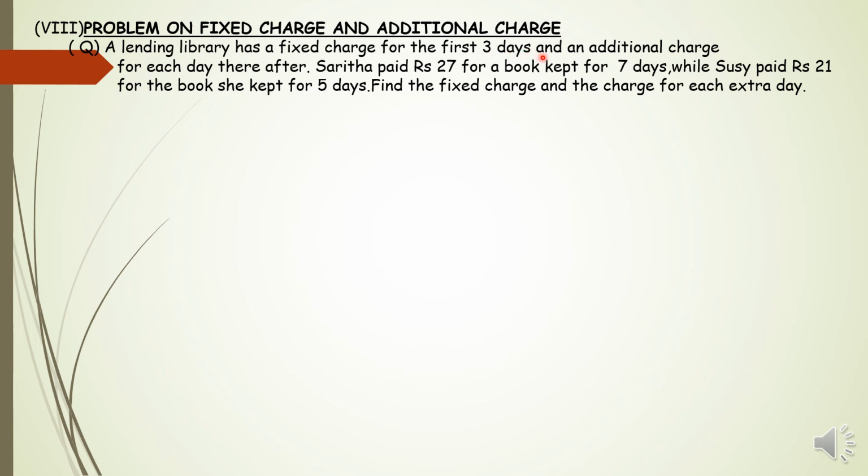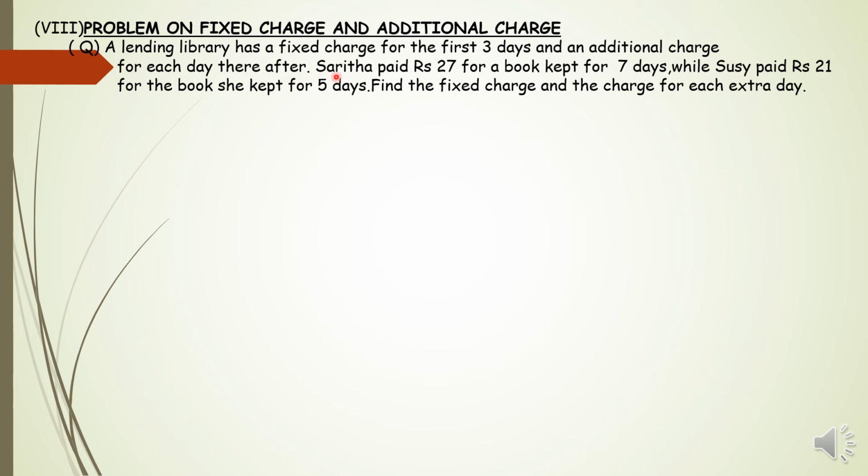And after 3 days, you need to pay an additional charge for each day thereafter. That means on the 4th day, you need to pay an additional charge. If you are keeping it for the 5th day, you need to pay an additional charge.